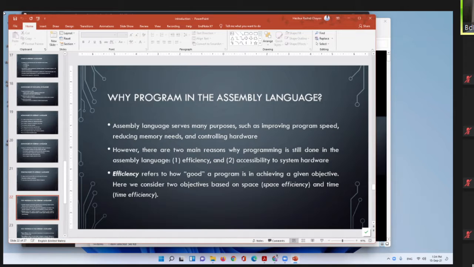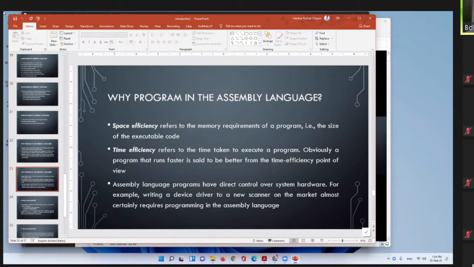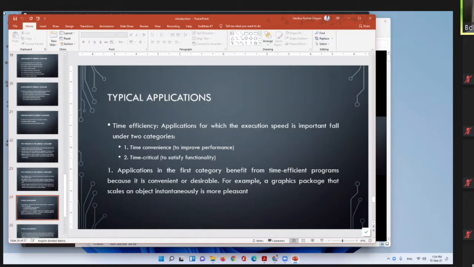So the application of the assembly language we also have discussed, right? Like where we can use it. 2 types: time critical, time efficiency, time critical, and time convenience. Hopefully you remember this one. Time convenience is that it is better that you do the task within the time limit.